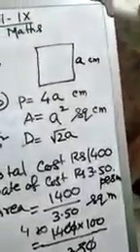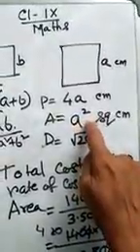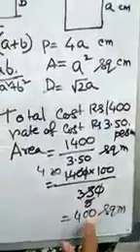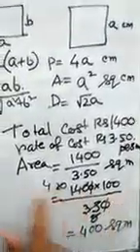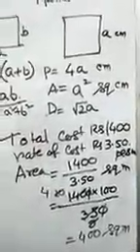Then you can get the side, where the area is equal to a square for the square. So if area is equal to 400 square meter, then by taking the root we can find the side.